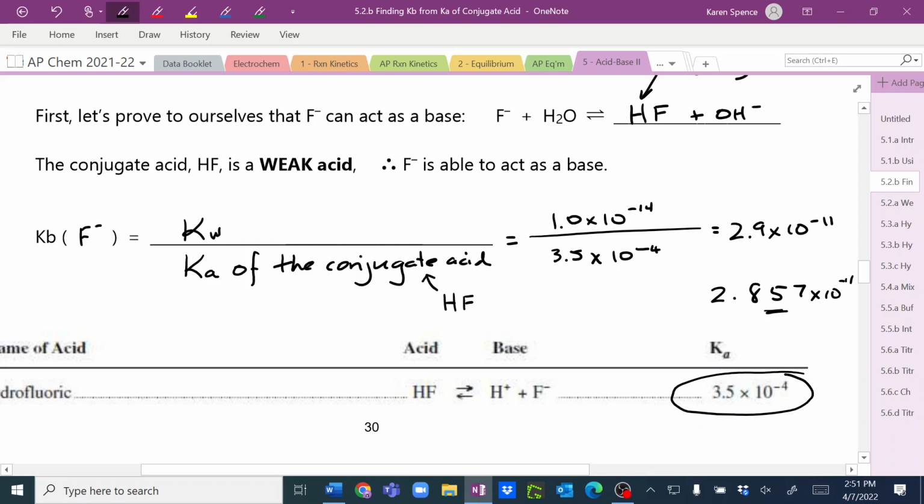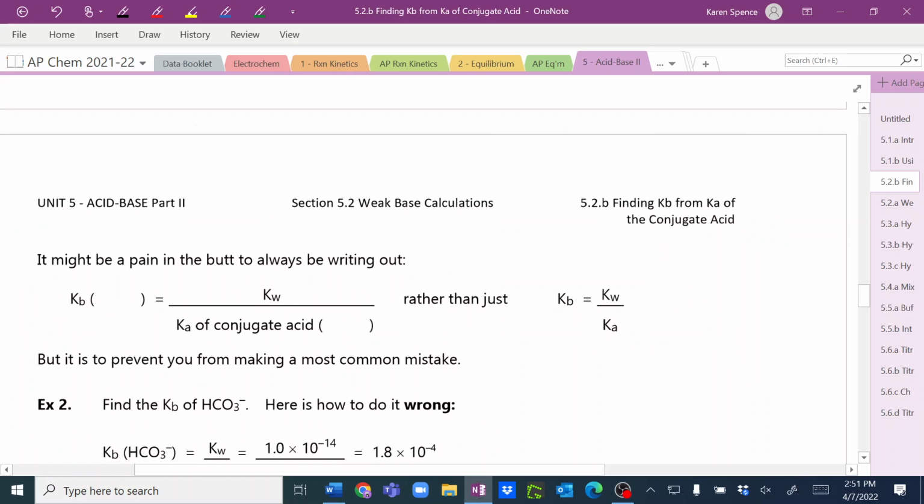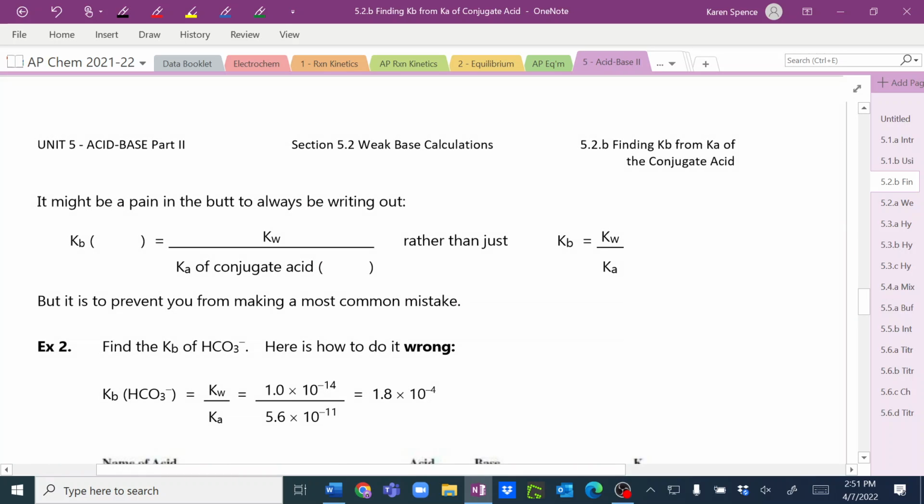That's close to halfway, right? So you would probably be too high, okay? It may be a pain to write Kb of whatever is equal to Kw over Ka of the conjugate acid, rather than just Kb equals Kw over Ka. But it is to prevent you from making this most common mistake.